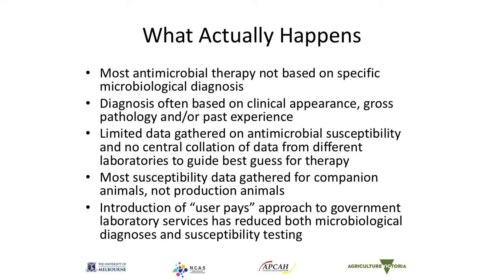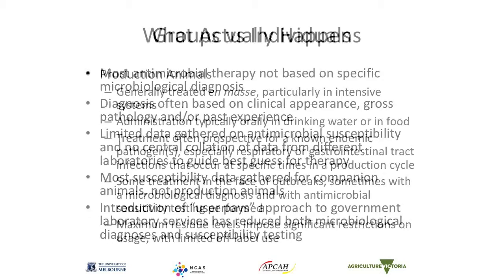Most of the susceptibility data is gathered for companion animals and not from production animals, and the introduction of user-pays approaches to government laboratory services has unfortunately reduced both microbiological diagnoses and susceptibility testing in our production animals.